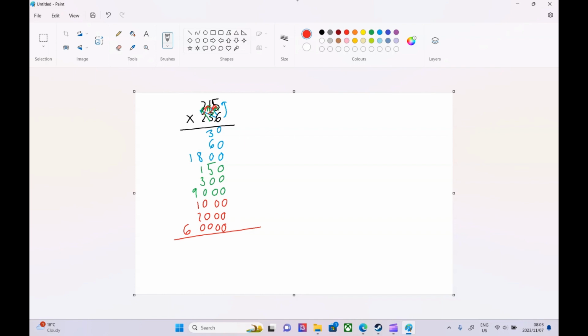Then your final step here would just be adding. In the first column, we've got all these zeros, so it's just 0. In this column, we've got 3 add 6 is 9, add 5 is 14, so 4 carry the 1.